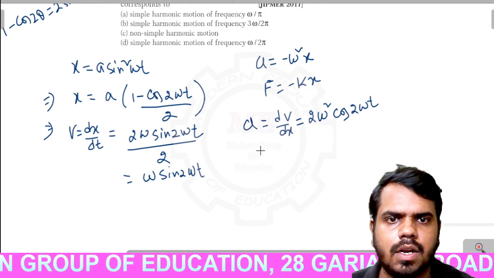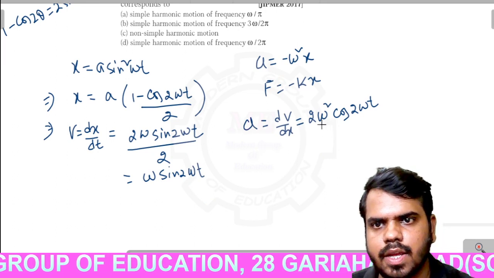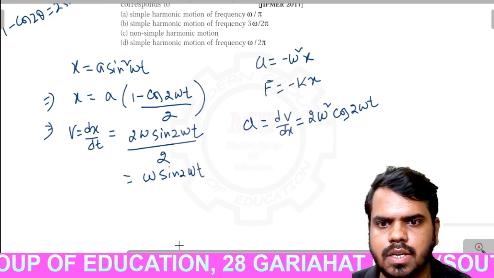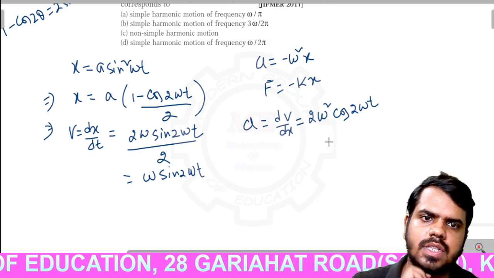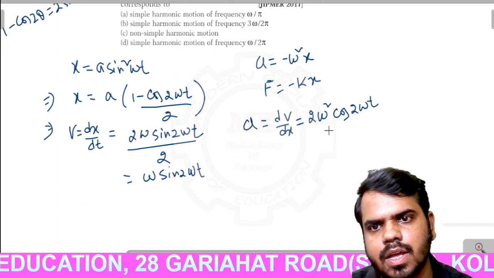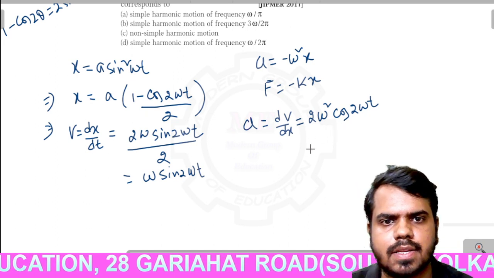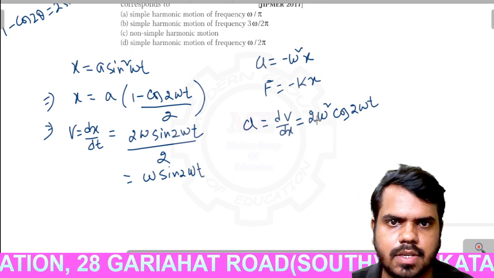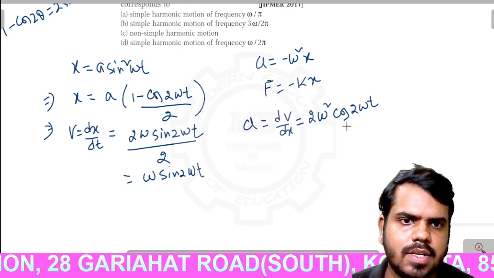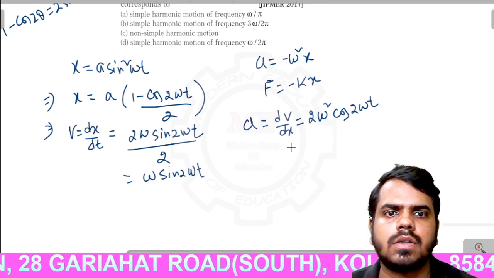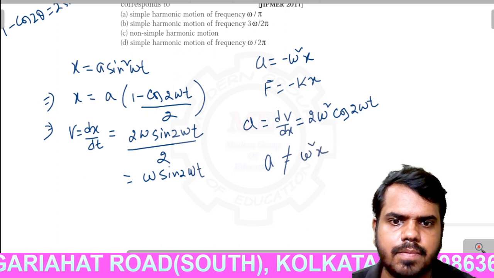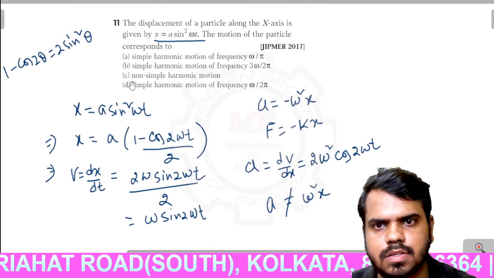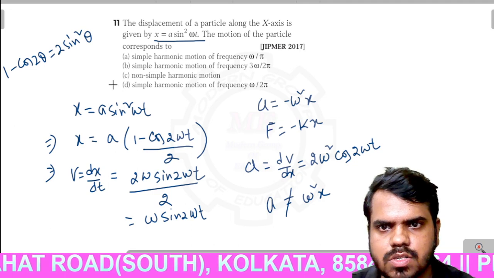So here it is omega square, and x is a sine square omega t, but here it is cos 2 omega t. So acceleration is not equal to minus omega square x, that means the answer is non-simple harmonic motion.